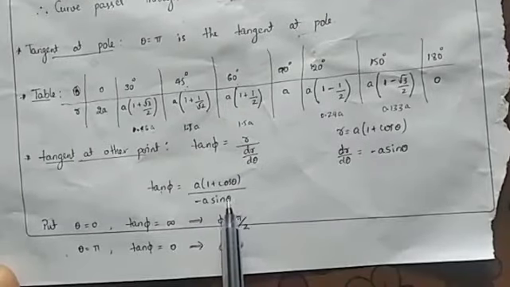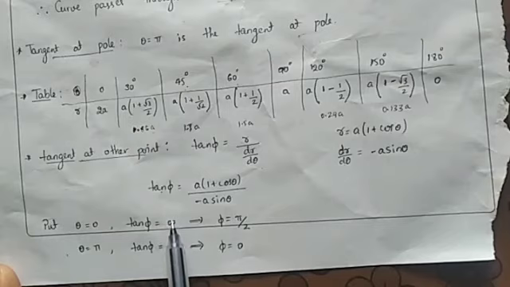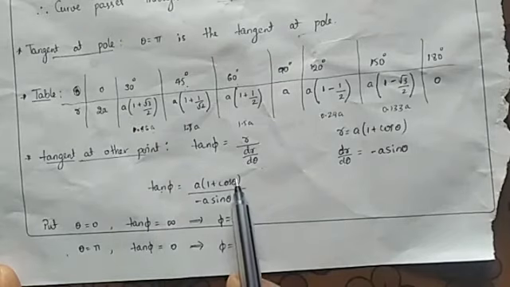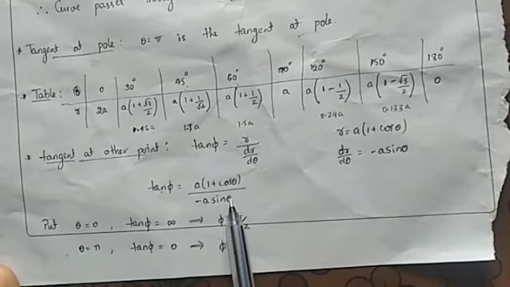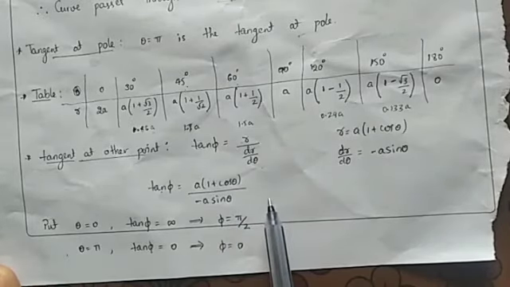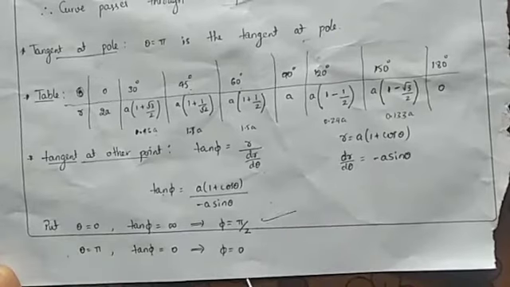You put theta is equal to 0, a gets cancelled. Cos 0 value is 1, 1 plus 1 is 2. 2 by sin 0, which is 0, is 2 by 0, that's nothing but infinity. Tan psi is equal to infinity, that is psi is equal to pi by 2.